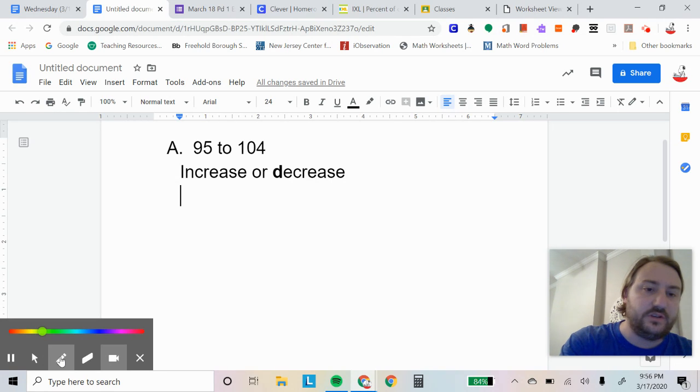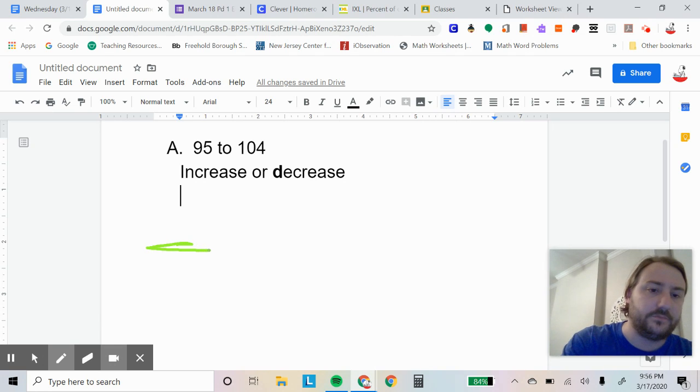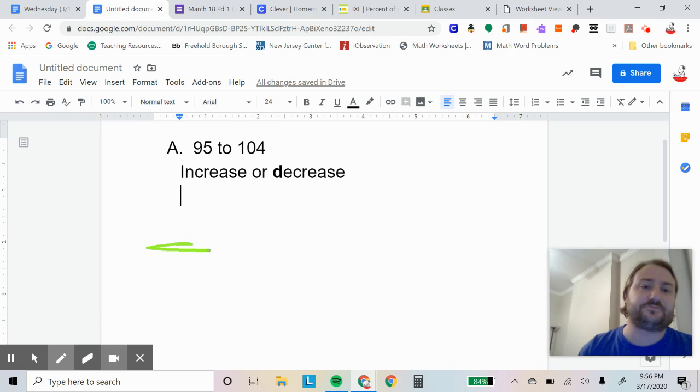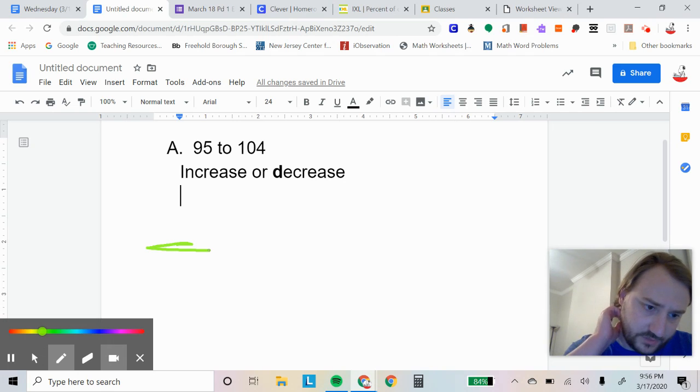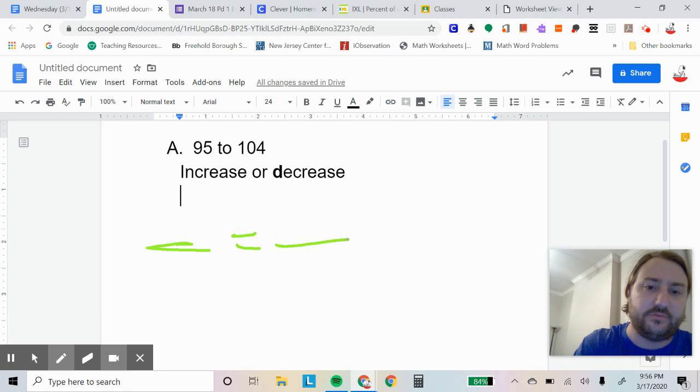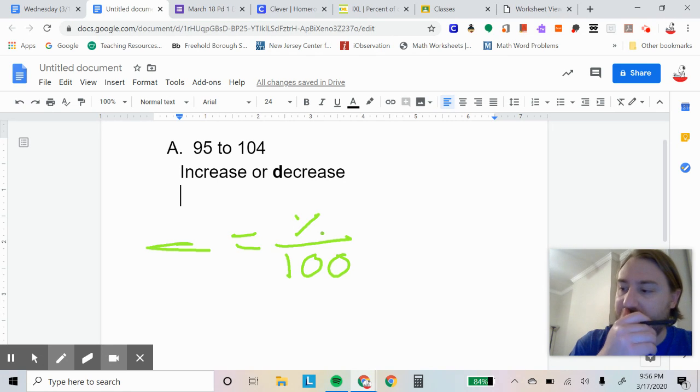When we do this, we're going to set up a proportion. And what we want is something that looks like this. We're going to have 100 here, and then your percent over here. That's what we're looking for, the percent. That's going to be our X, for example.